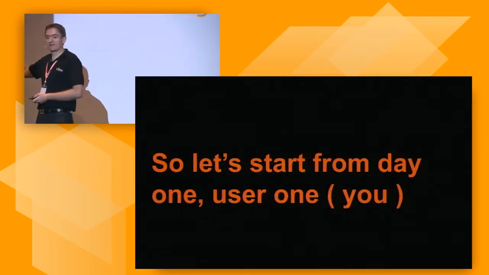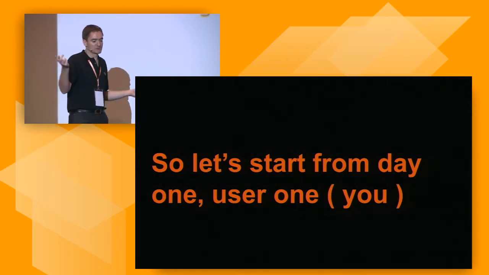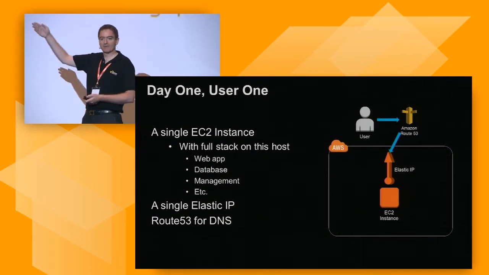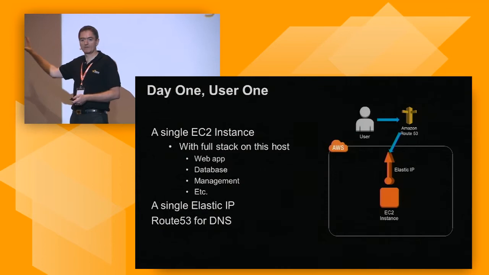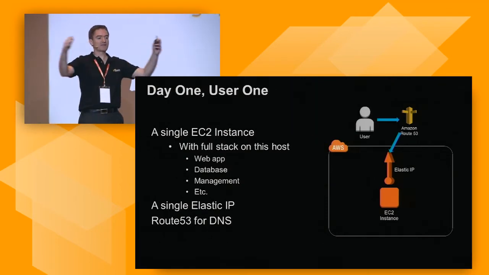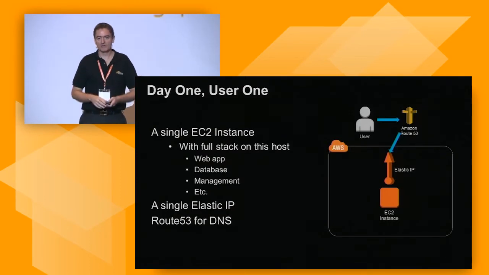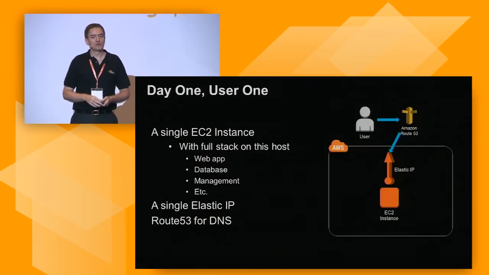So starting from day one, where you're going to build this system, you've got one user, which is you. And you're developing this, so you've got yourself going through into an Amazon infrastructure with a single server, and you put everything on that EC2 instance from a development perspective, and it's great, works for you. But when you want to start adding more users, what do you do?